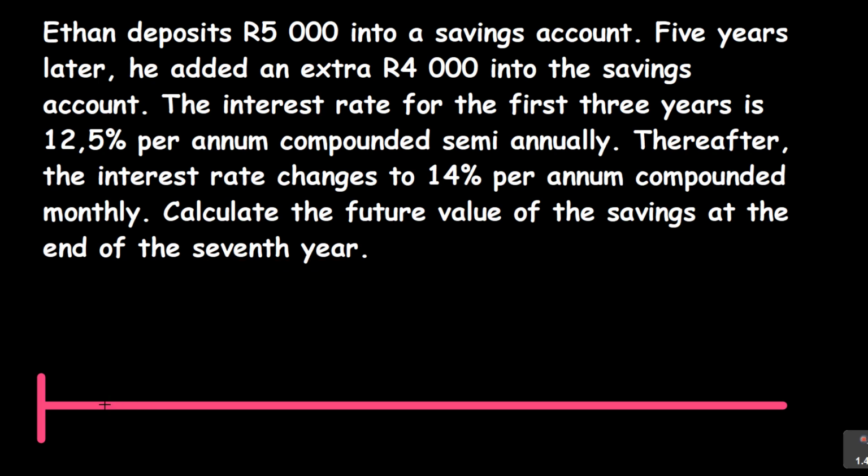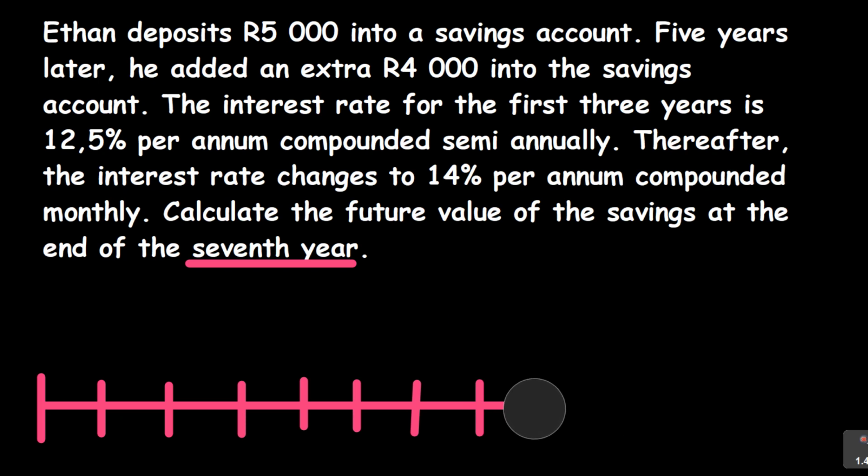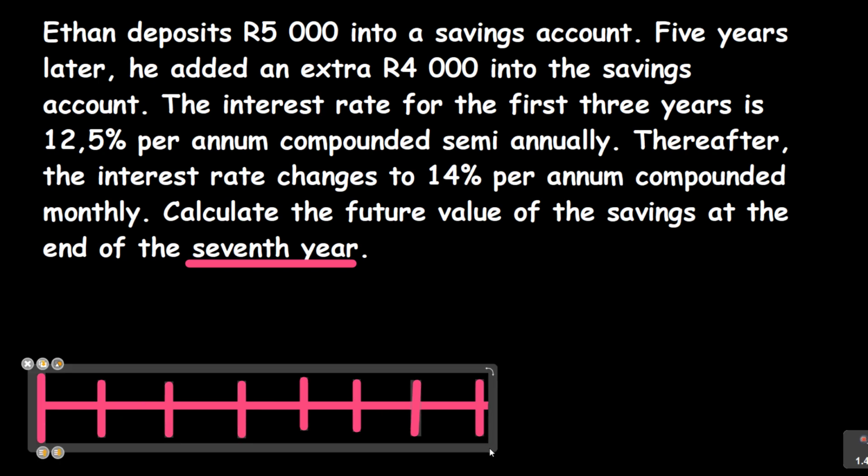So to say this is my T1, T2, I might not be able to bring it into equal parts. So this is 1, 2, 3, 4, 5, 6, 7. Okay, so this is my timeline here. It's a 7-year timeline, and in this timeline they are telling us a few things.